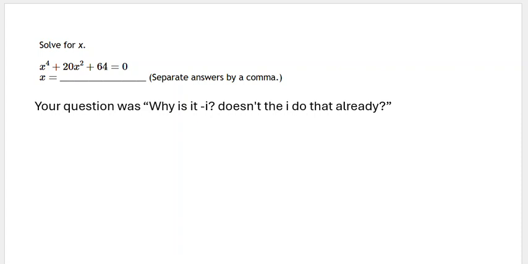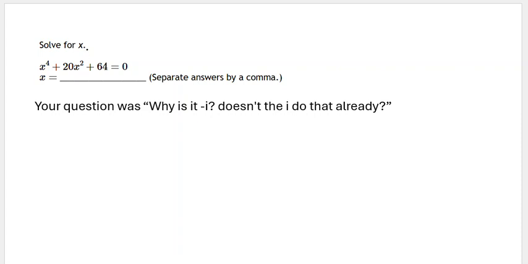Your question was, as shown here, why is it negative i? Doesn't the i do that already? I'm not exactly sure I'm understanding what you mean, but this equation is not quadratic, but quadratic in form.